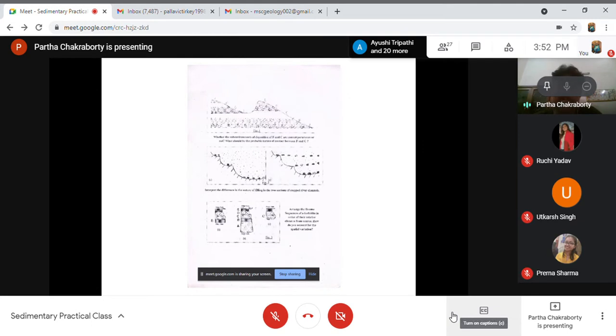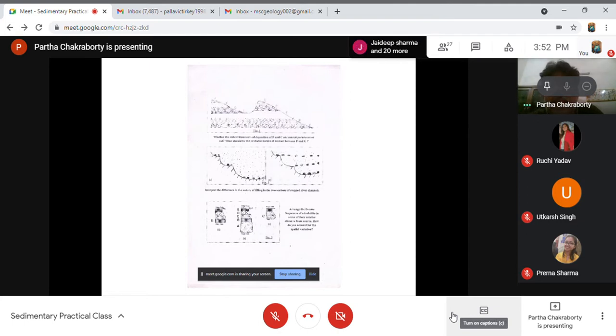Today in the morning I discussed the point bar and levee. And this is a typical figure, figure 1, which is based on a meandering river and its point bar and levee.